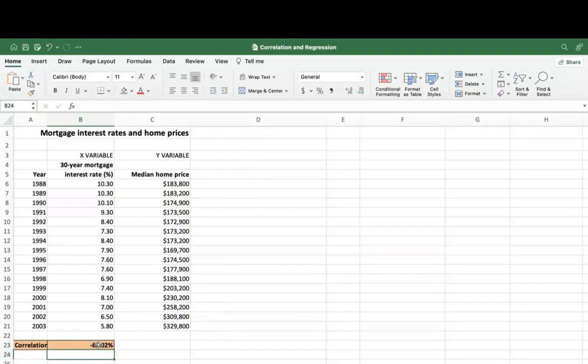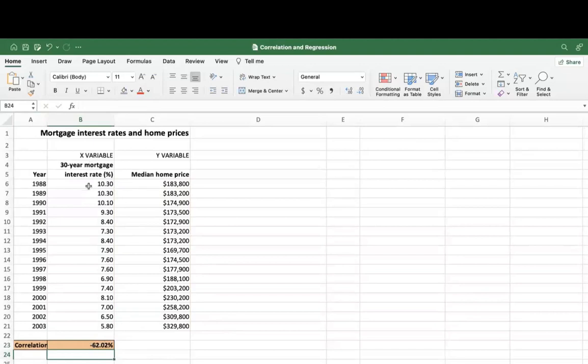First of all, let's only look at 62%, which means there's a good correlation, a strong correlation, or we can say a moderate to strong correlation. 62% is a big number.